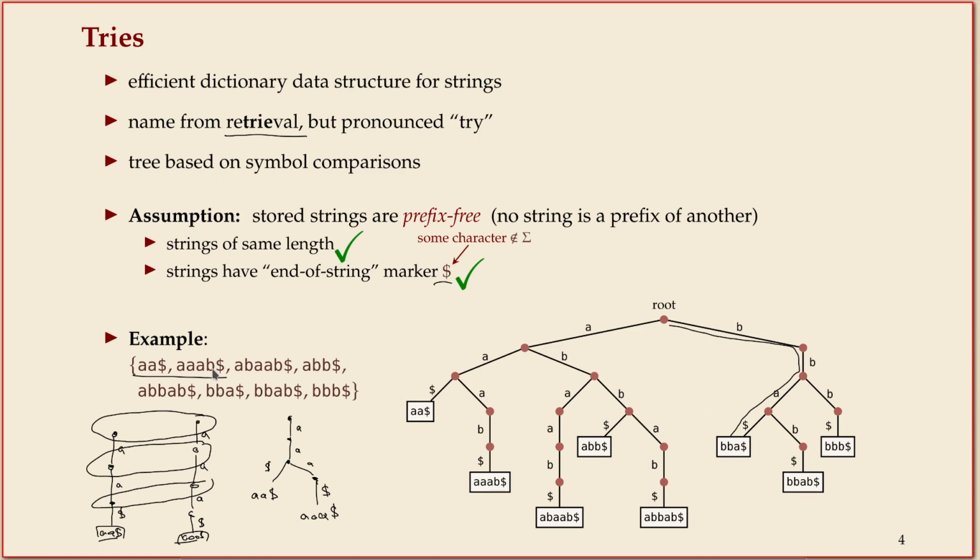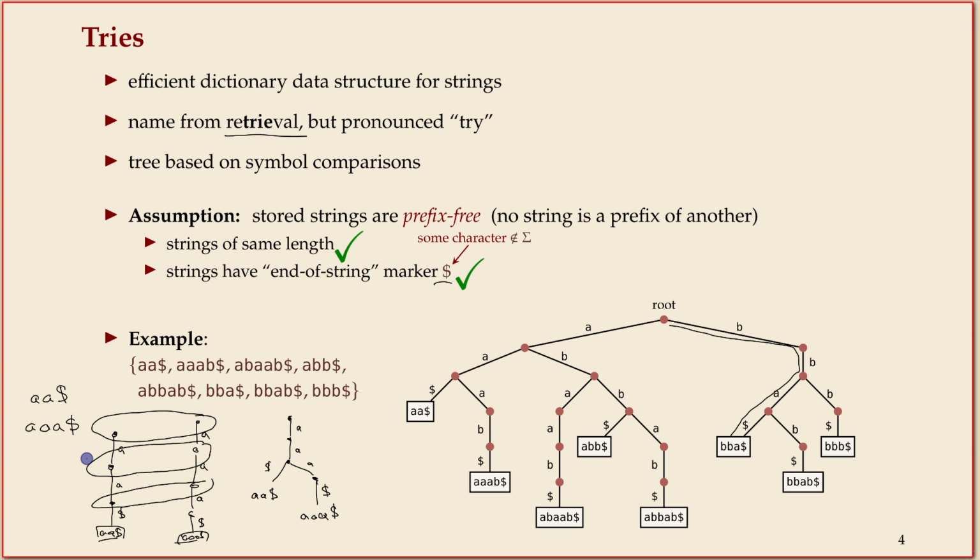Oh, I forgot the B. Okay, so this example is just for 2 different strings. If you had a B, then there would be another edge. But I'm running out of space on the slide, so let's leave it with the smaller example here.